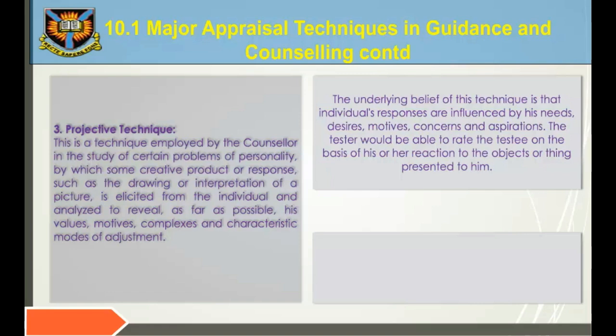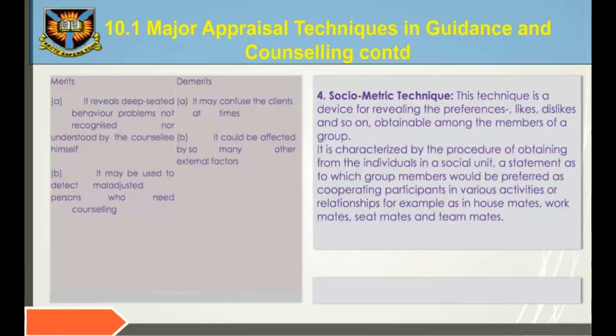The underlying belief of this technique is that an individual's responses are influenced by his needs, desires, motives, concerns, and aspirations. The tester will be able to rate the testee on the basis of his or her reaction to the object or thing presented to him.